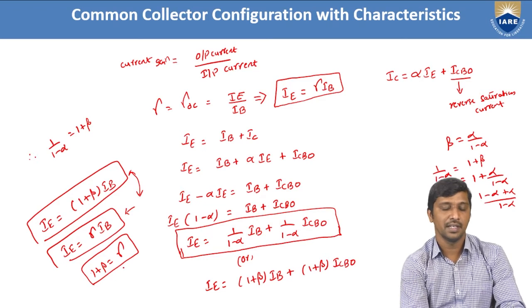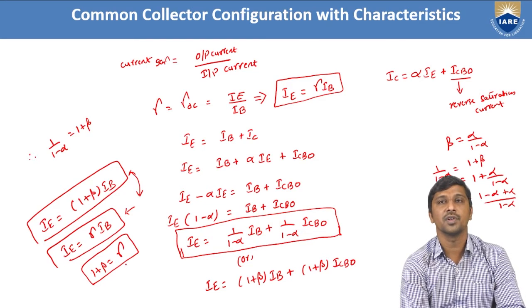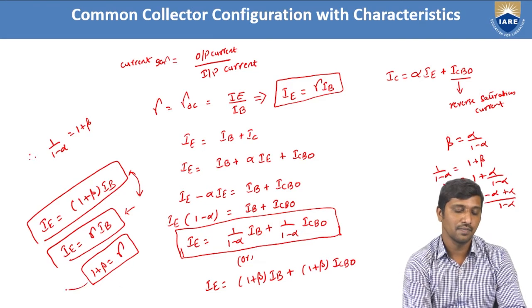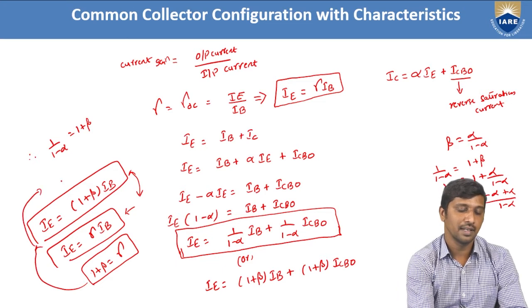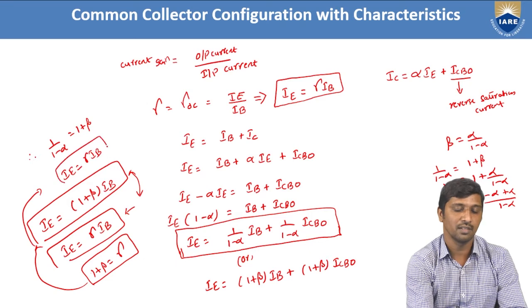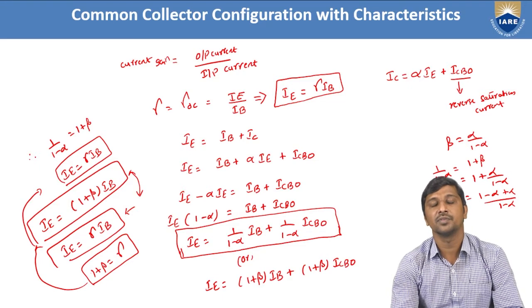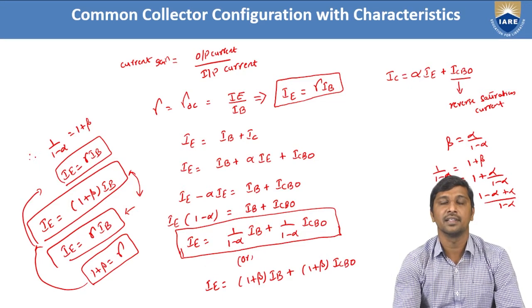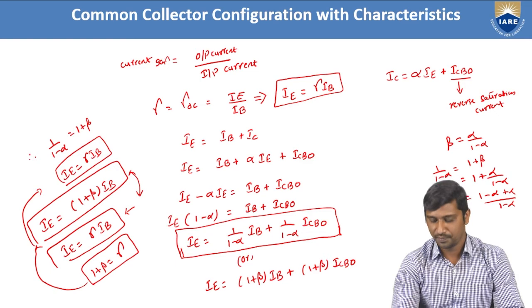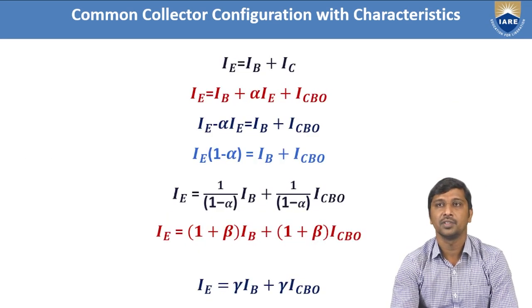So we can rewrite IE is equal to gamma times IB. So this amount of current flows across the emitter in terms of your applied input current, that is your base current here.